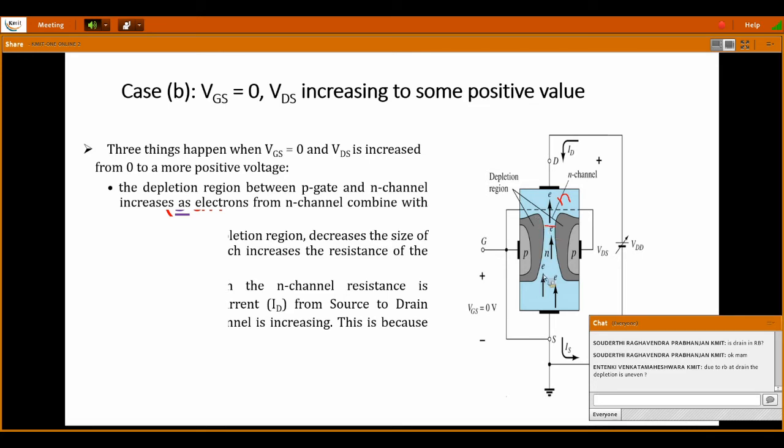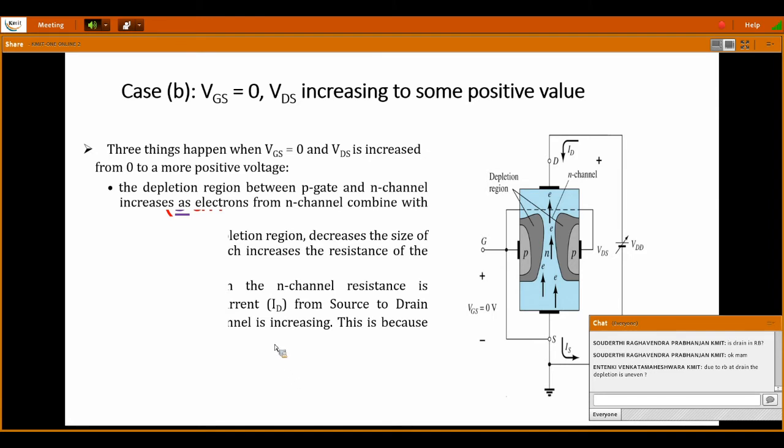It is lower near the source terminal, but it is somewhat like a projected depletion layer near the drain terminal. This is called wedge shaped. Yes, due to the reverse bias at the drain, the depletion is uneven.